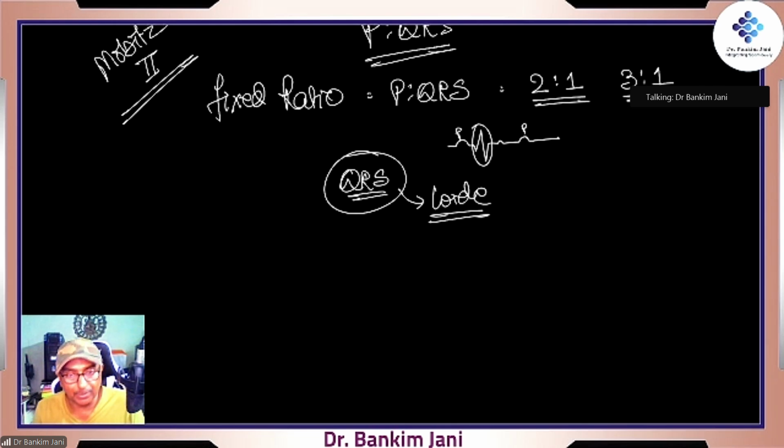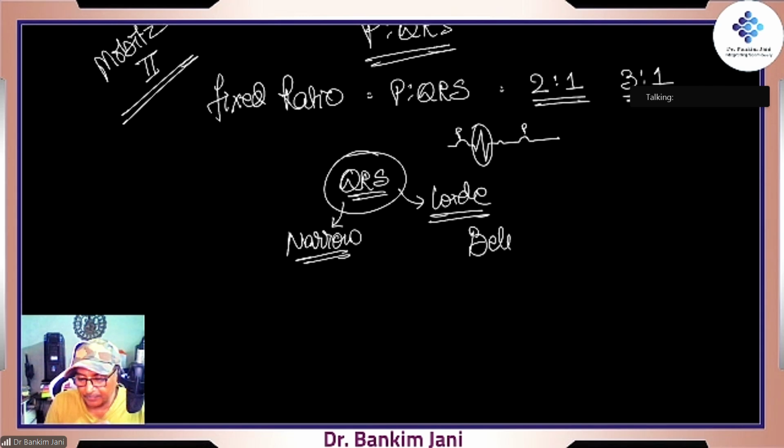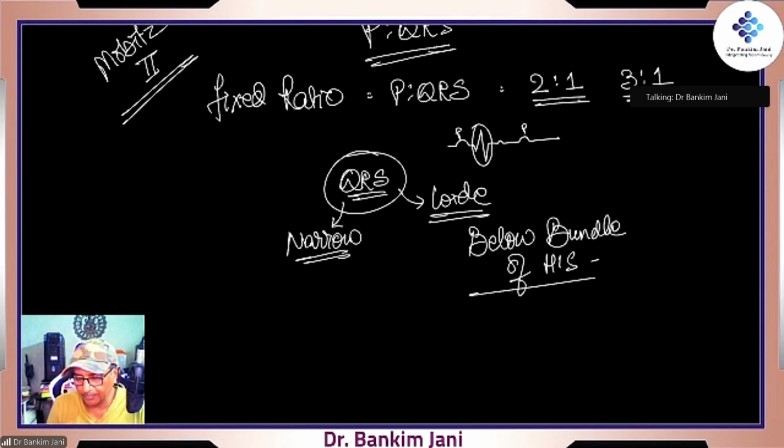The wide QRS, because QRS can be narrow or it could be wide. As we are going slightly in more detail, but if it is wide, then the trouble is below bundle of His. That's where the pathology is.